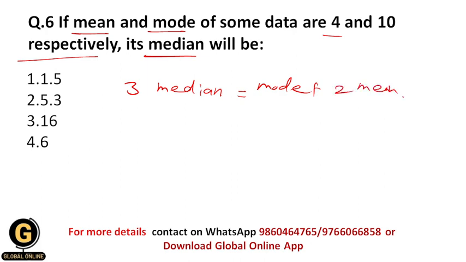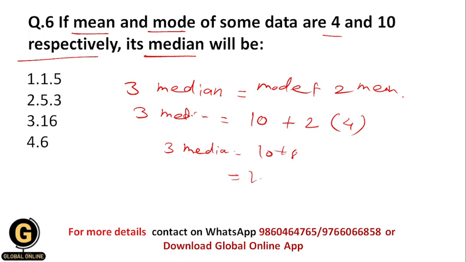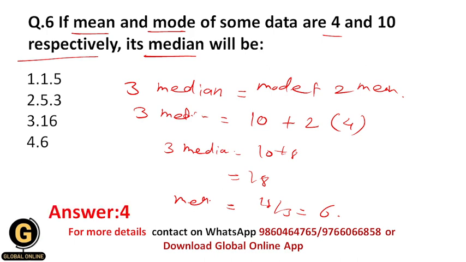Now substitute the values: 3 median is equal to mode, the value of mode is 10, plus 2 times the value of mean, which is 4. Then 3 median is equal to 10 plus 8, which is 18. So the value of median will be 18 upon 3, which is equal to 6. So your correct answer should be 4, that is 6.